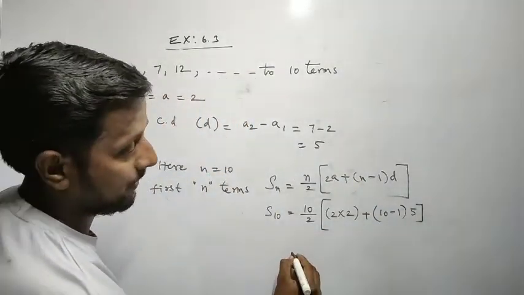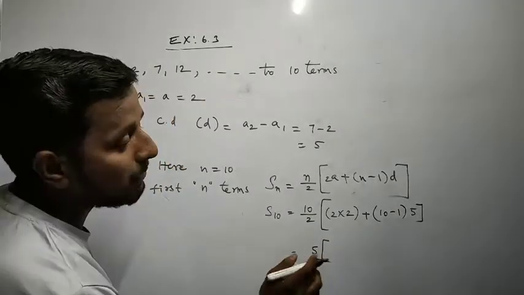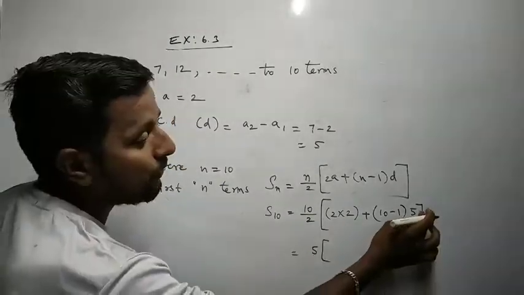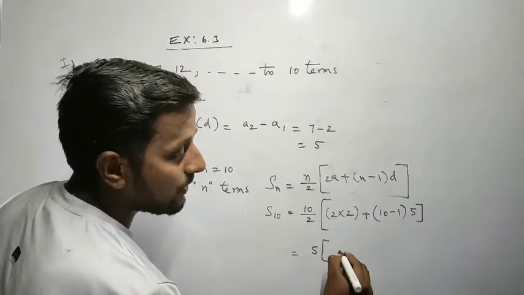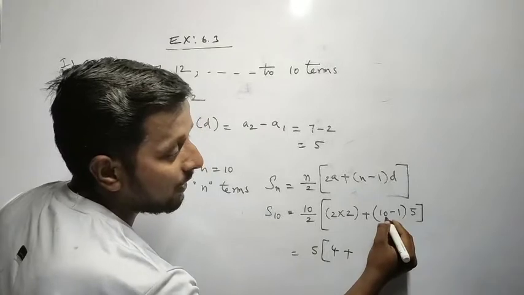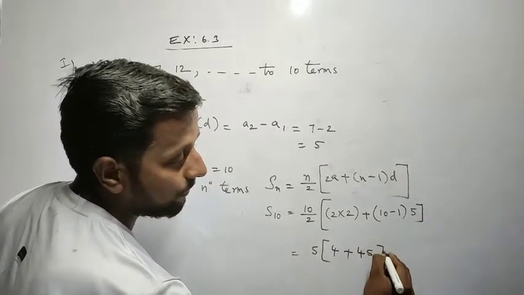10 by 2 is 5, and 5 multiplies the simplified total, so simplify the bracket first. 2 twos are 4, plus 10 minus 1, which is 9, and 9 fives are 45.